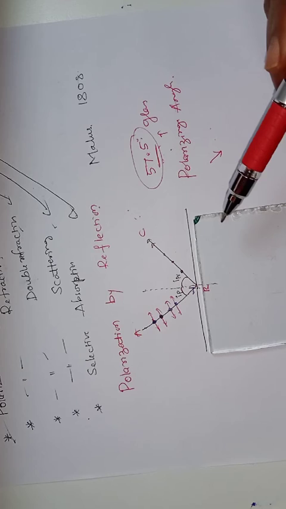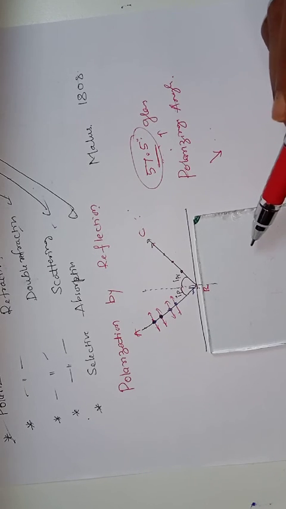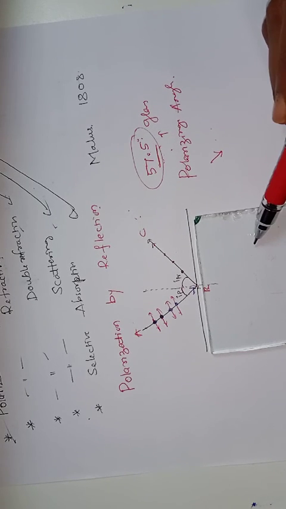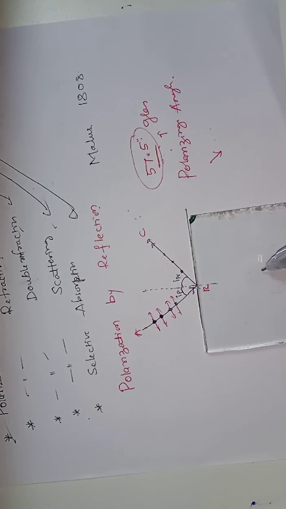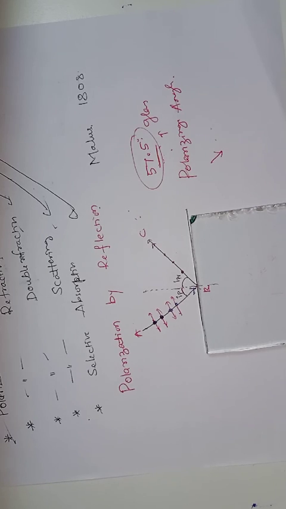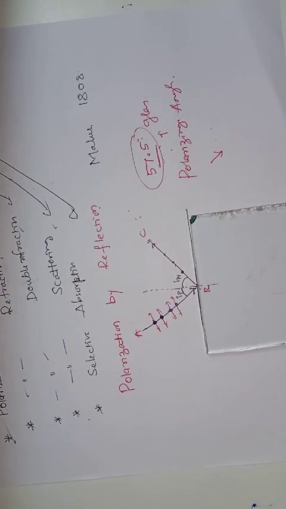When light falls on the glass surface, the component parallel to the glass is reflected, while the component with vibrations perpendicular to the glass surface is transmitted. So this is about today's class.